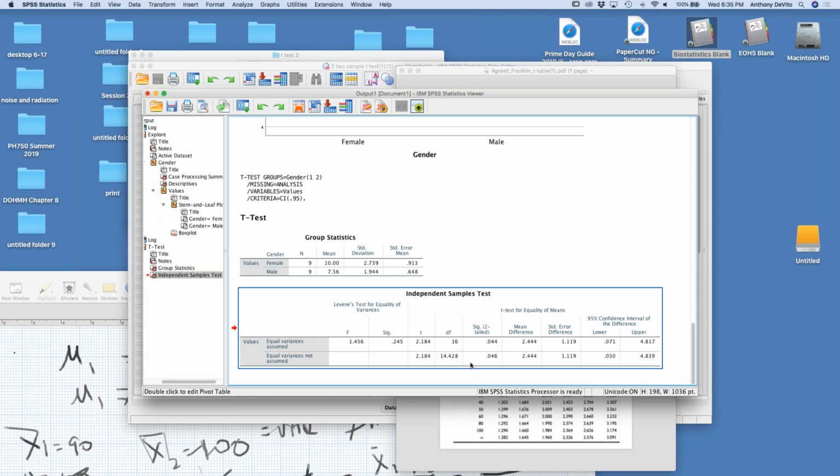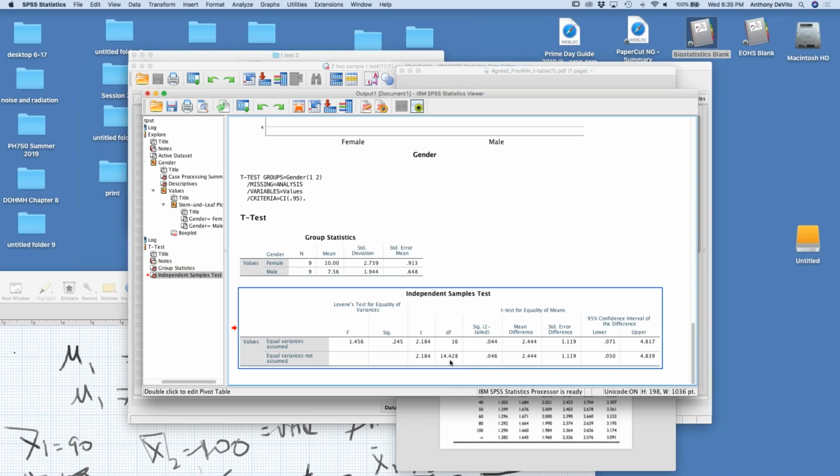Okay, but now look, what if I assume equal variances not assumed? Well, we would have still gotten 2.184, but we would have gotten a different degrees of freedom. And remember how complicated that formula was for degrees of freedom for unequal variances? It wasn't just n1 plus n2 minus 2. It's a weird formula.